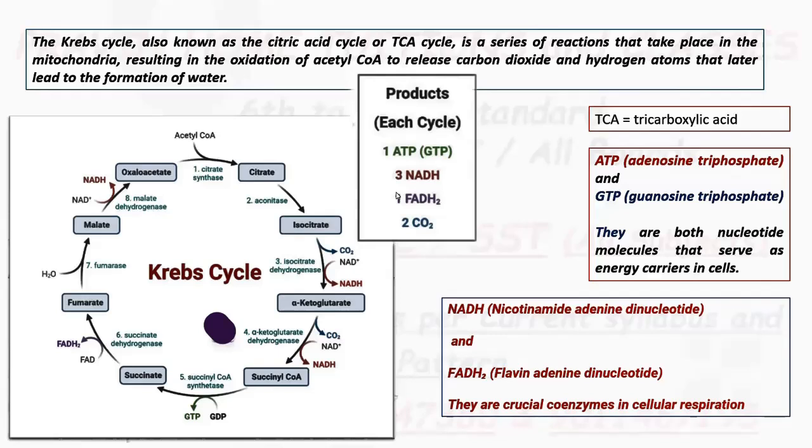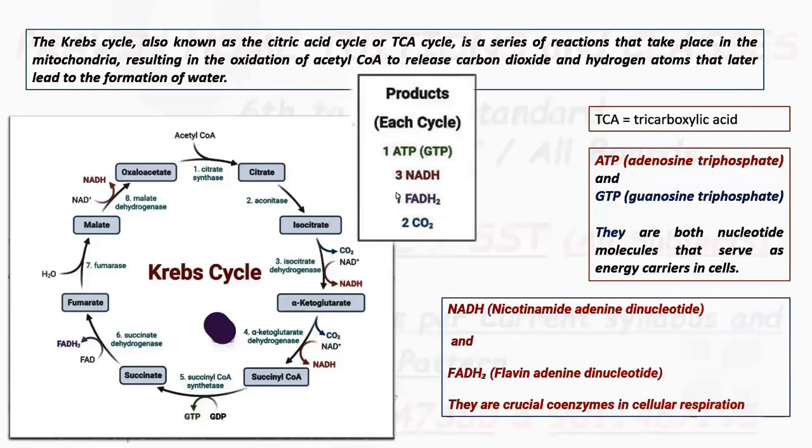So it is a cyclic process. Series of reactions takes place, and as a product of reaction, ATPs are generated. They are in the form of NADH molecule, that is nicotinamide adenine dinucleotide. It is energy molecule. FADH2, that is flavin adenine dinucleotide molecule.